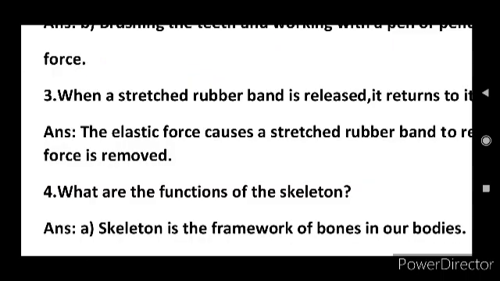Students, the next important question is, what are the functions of the skeleton? The skeleton is a framework of bones in our body. The skeleton gives shape and support to our body.